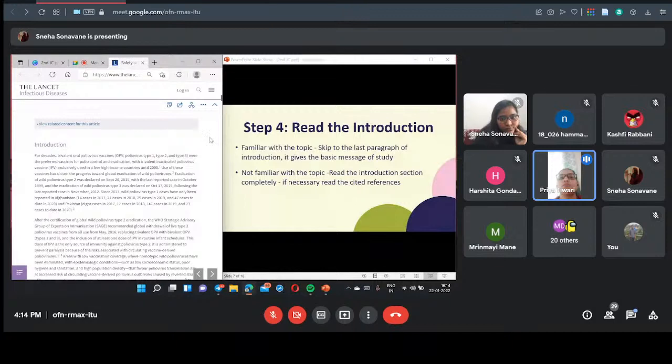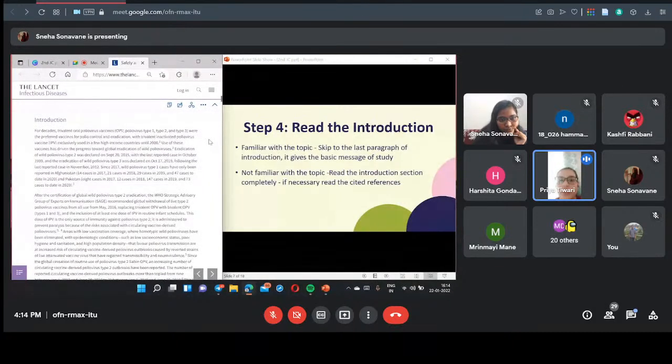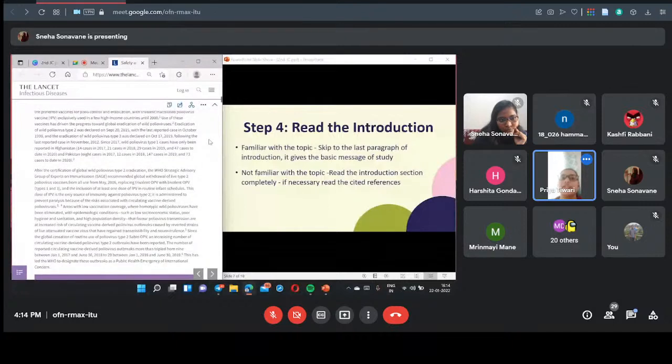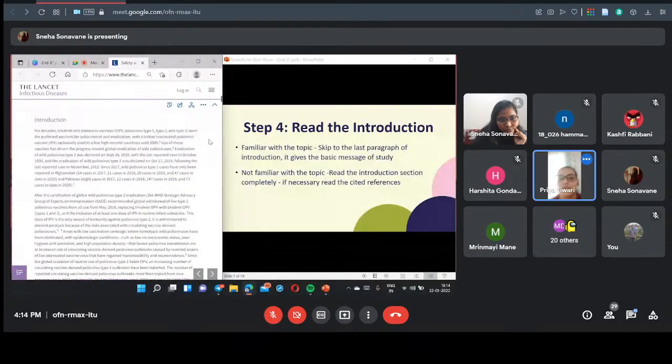So, after skimming through the paper and having done the first reading, the next step which you have to follow is step 4. You have to read the introduction. If you are a beginner reading a research paper and not familiar with the topic already, then you have to read the entire introduction section completely, and if necessary, also read the cited references.